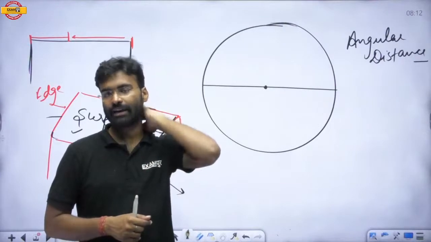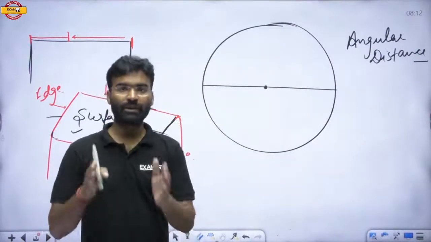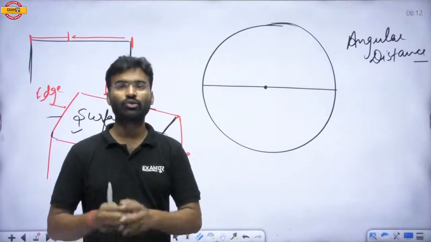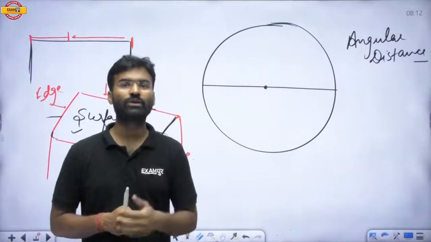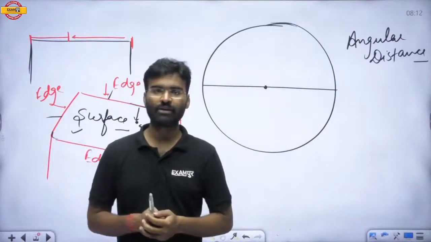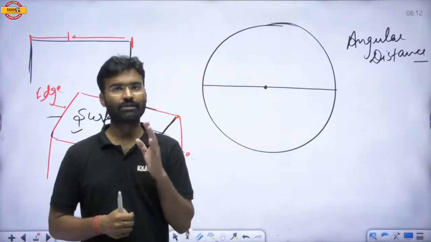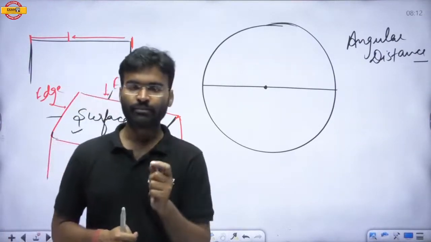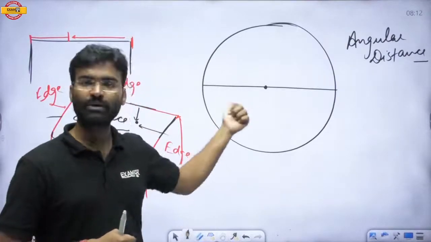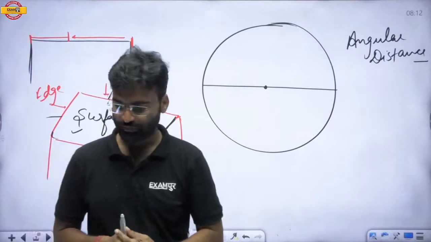That imaginary line is based on the concept of angular distance, and its purpose is to make it easy to find the location on the earth's surface, because after exploration we became aware that the shape of the earth is not plate-like but spherical.